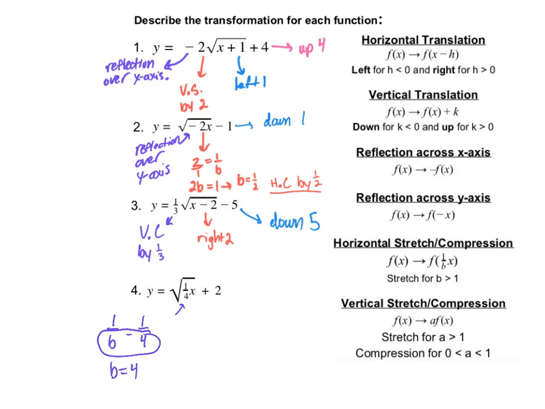So what that tells us is that this is a horizontal stretch by 4. All right, it's horizontal, so think opposite. So we see a 1/4, but reciprocal tells us it's 4, so it's a stretch. But then we also have this plus 2 at the end, so that's just moving up 2.